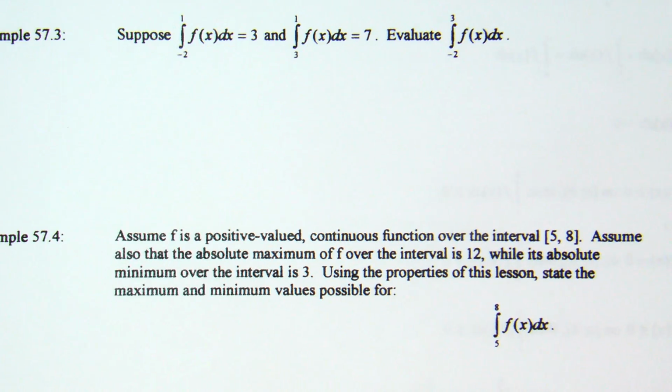So, okay, example 3. Suppose the integral from -2 to 1 of f is equal to 3. The integral from 3 to 1 of f is equal to 7. And we need the integral from -2 to 3 of f.